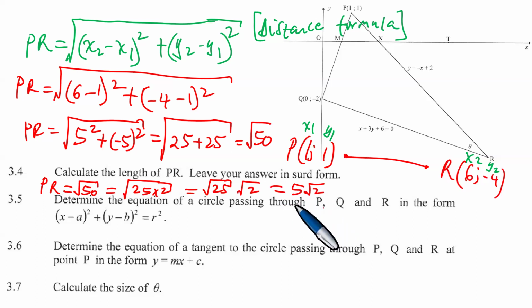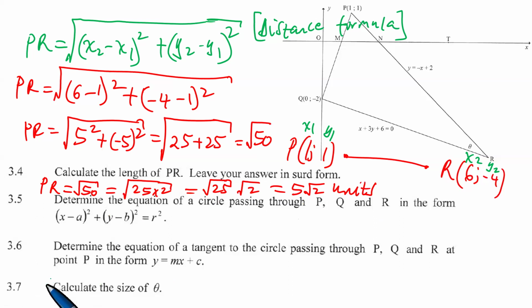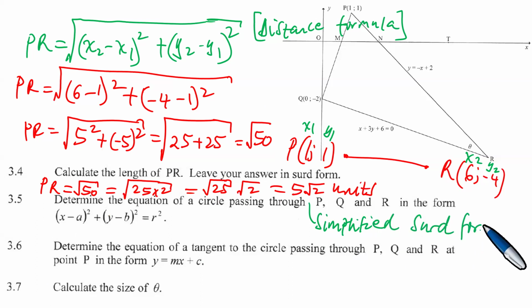This gives us, in simplified form, the length of PR, which is 5 root 2 units. This is said to be in simplified surd form.